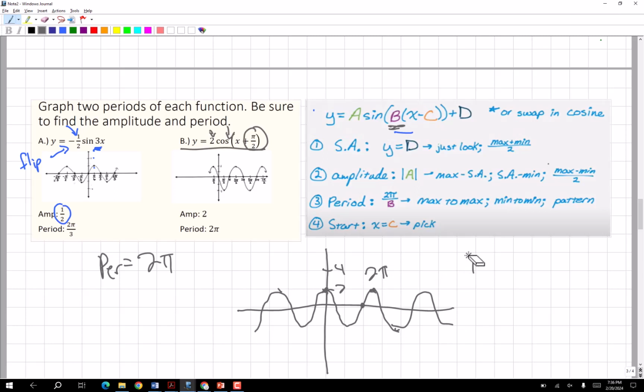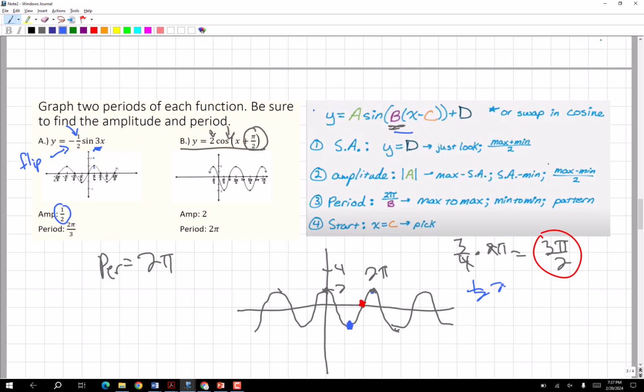I'm going to write it so it's easier to multiply. 3/4 times 2 pi, I'm going to cancel some here, is 3 pi over 2. That's the red point. Then the next one, I'm supposed to go to a blue point. On this one, it's going to be half of that period.